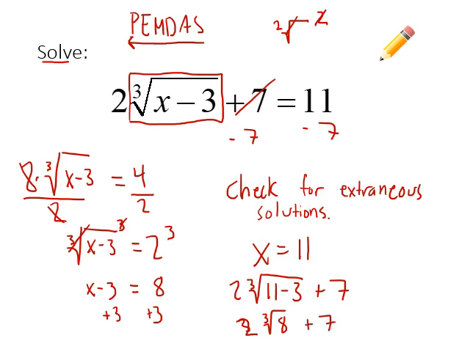Cube root of 8 is 2. 2 times 2 is 4, plus 7 equals 11. So I checked that solution, and it works out. You can plug that into a calculator as well, and I can show you that moving forward on any assignments that you have. But we always want to check for extraneous solutions.